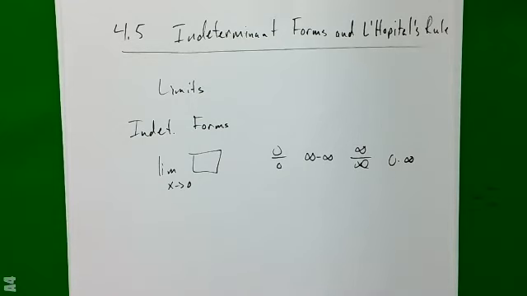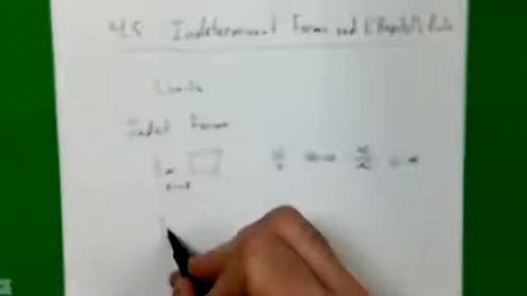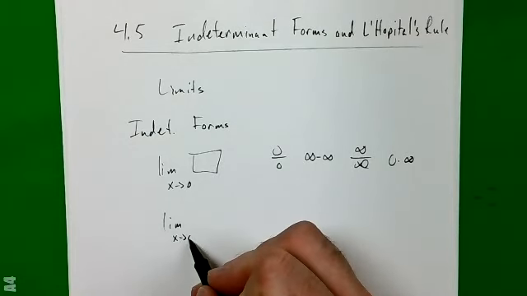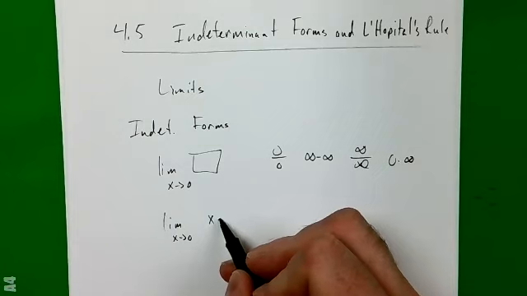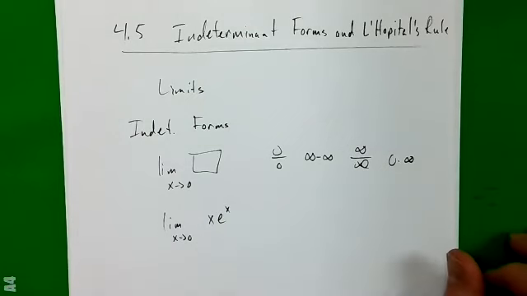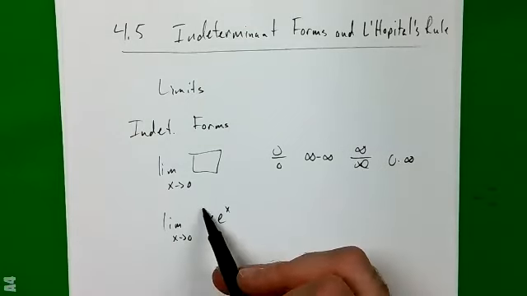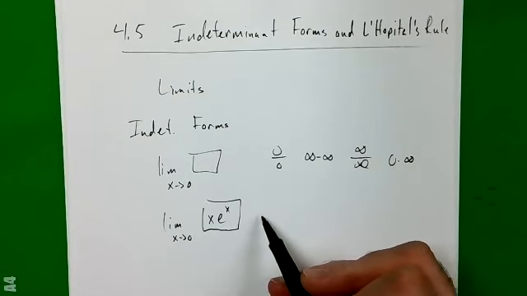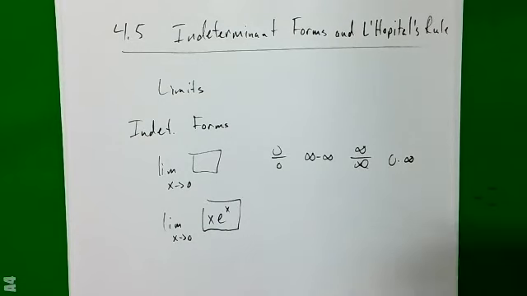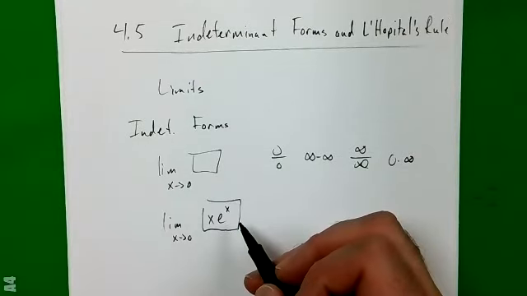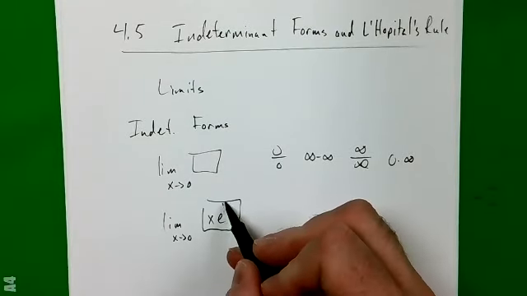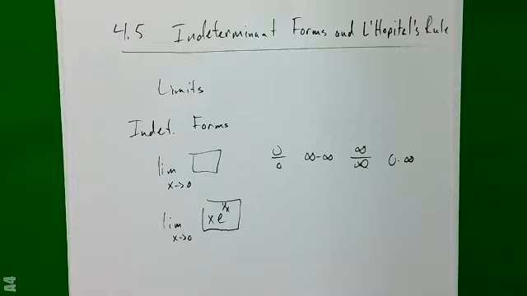For instance, say the limit as x approaches 0 of x e to the x. Now that's an indeterminate form because, no it's not, sorry. Let me say that better, x e to the 1 over x.